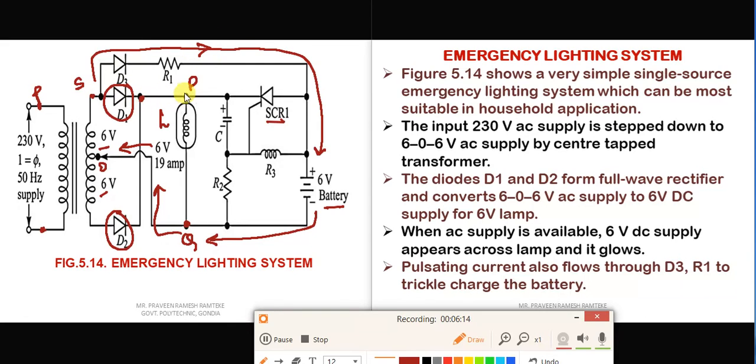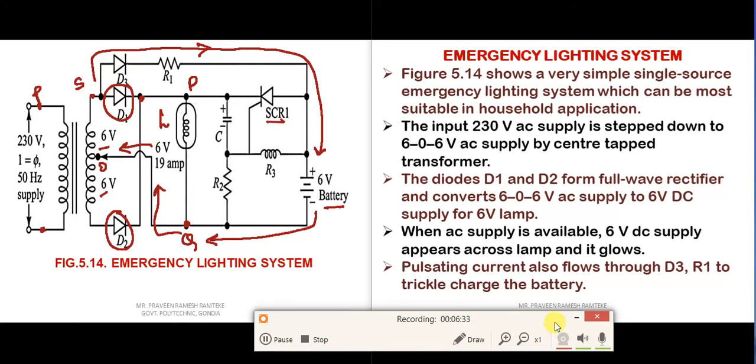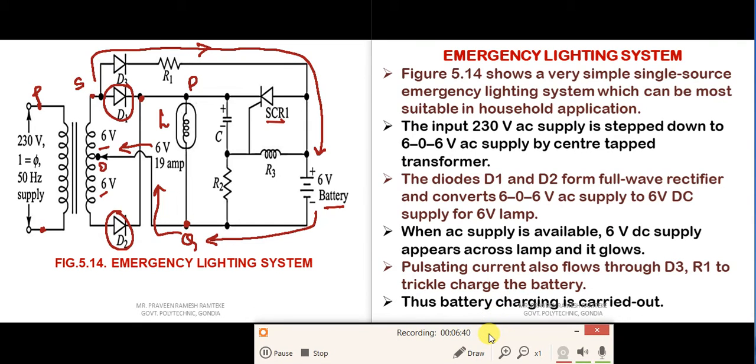So we are obtaining the DC voltage across these terminals P and Q, but at the same time, the current is flowing through this diode D3 and it is charging the 6-volt battery. Thus, the battery charging is carried out.